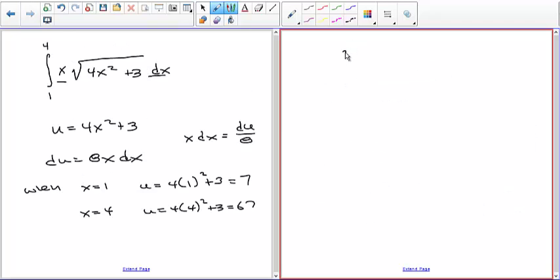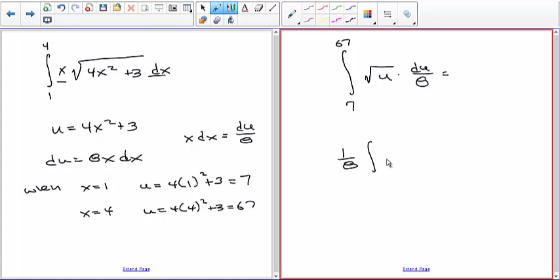So we can rewrite the original integral. In this case, we're also going to change the limits of integration. And we're going to put in du divided by 8 at this point. So we factor the 8th out.